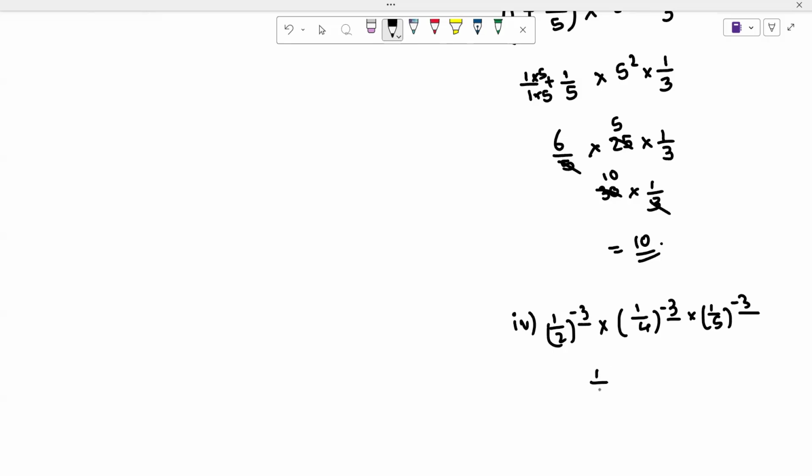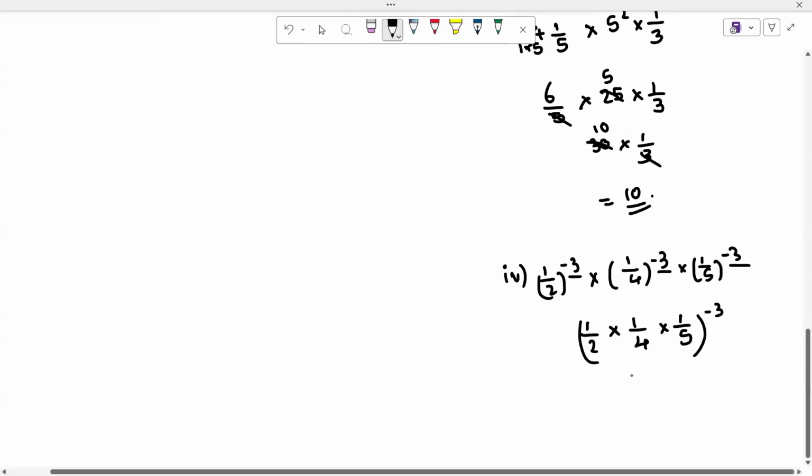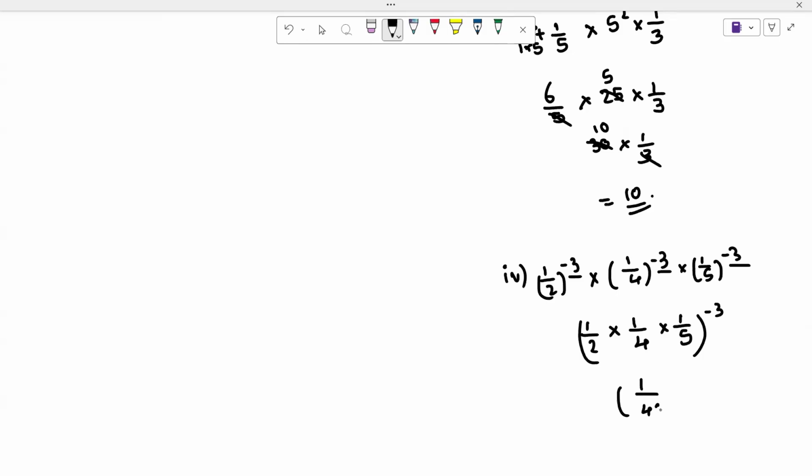So 1 by 2 into 1 by 4 into 1 by 5 whole power minus 3. Now 2 into 4, 8. 8 into 5, 40. So this is 1 by 40 power minus 3.